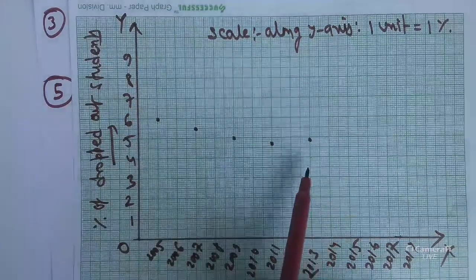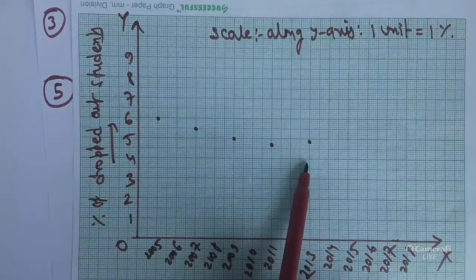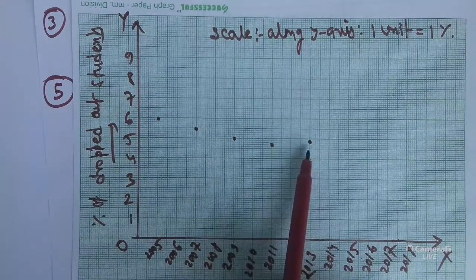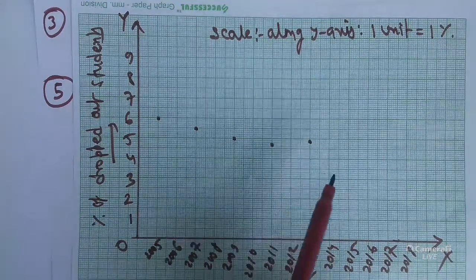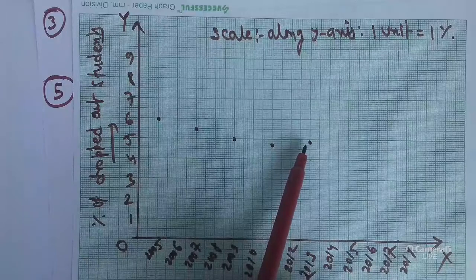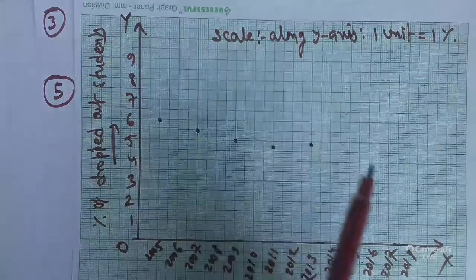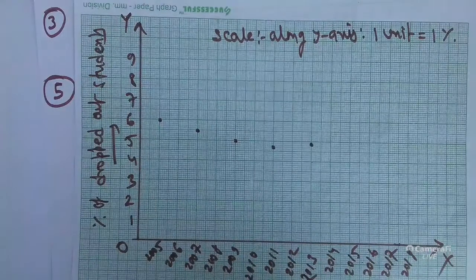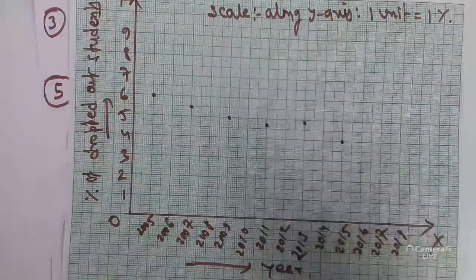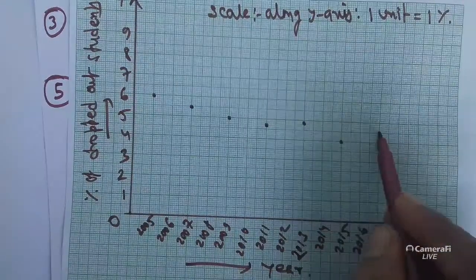So if 4.9, after 4 we have to take 9 small lines. In 2015 it is 4%, and in 2017 it is 4.5%, so this one is 4.5.